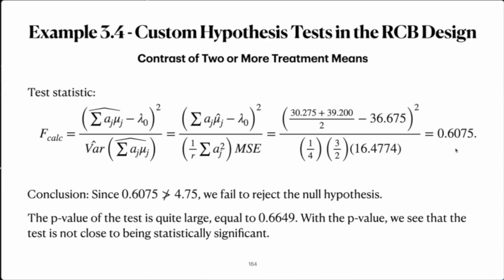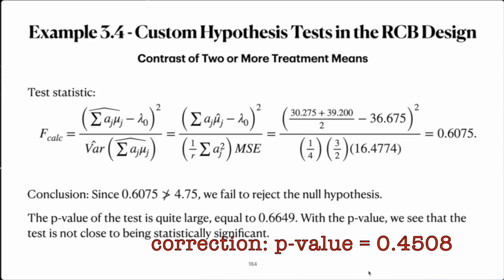Now, since that test statistic does not exceed the critical point of 4.75, we would fail to reject the null hypothesis. The p-value for this test is fairly large, 0.6649.